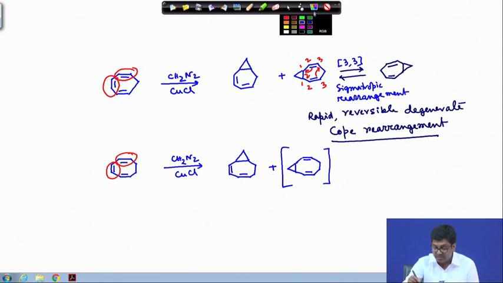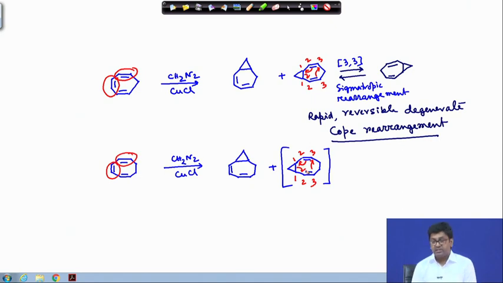Let us see the numbering. Okay. Now, this can nicely proceed through 3,3 sigmatropic rearrangement to give the product.